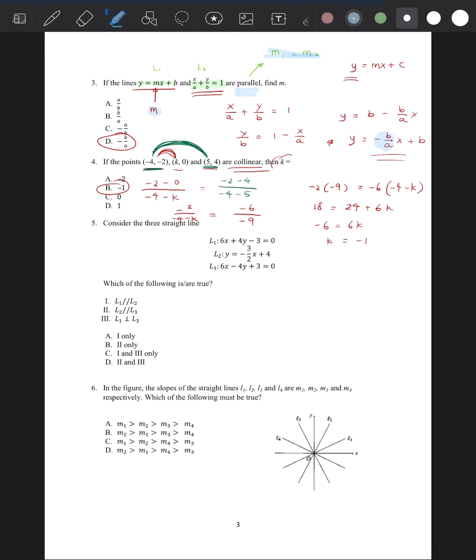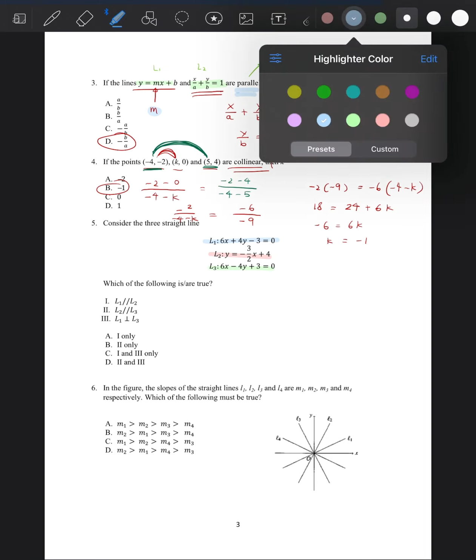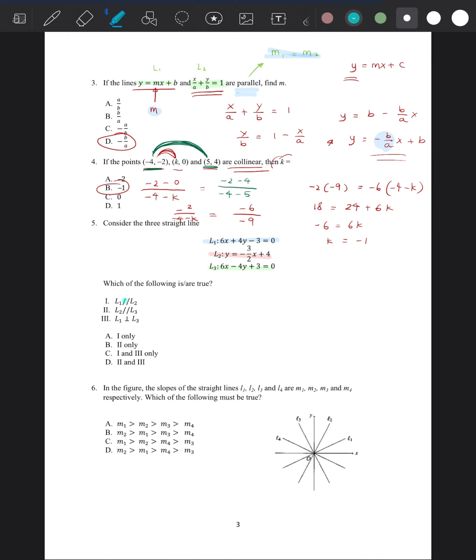So here you got 3 straight lines, 1, 2, 3. And they're asking which of the following are true. So you can see that what they gave you is parallel, parallel, and perpendicular. So parallel means that you have to find whether your m1 equals m2 or your m2 equals m3.